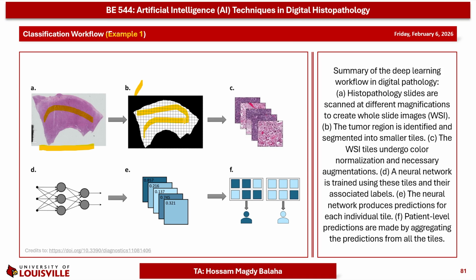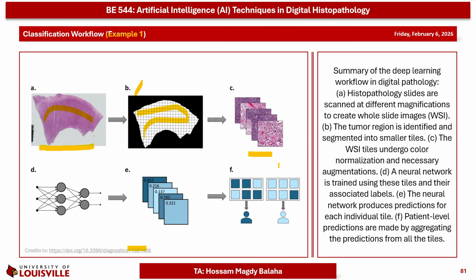So as you see here, the authors of this study divided it into tiles, as you see the small squares here. These tiles later undergo preprocessing steps, such as normalization to reduce batch effects from staining variability, and data augmentation to improve generalization, and we are going to illustrate those techniques later in the course.